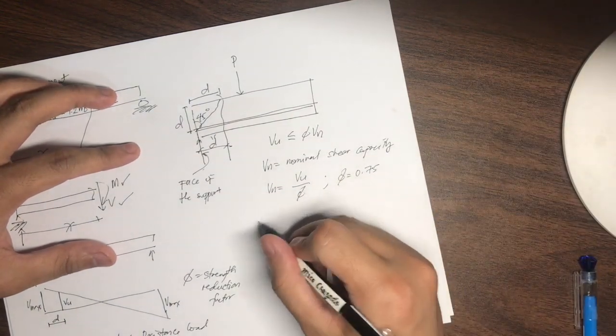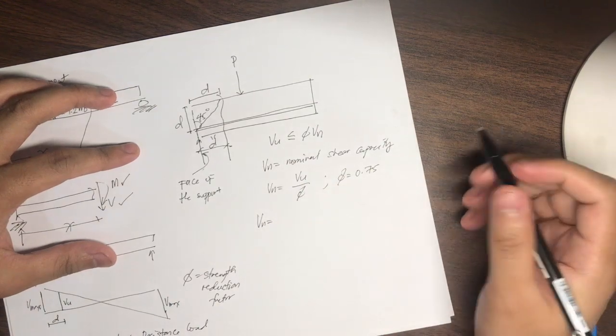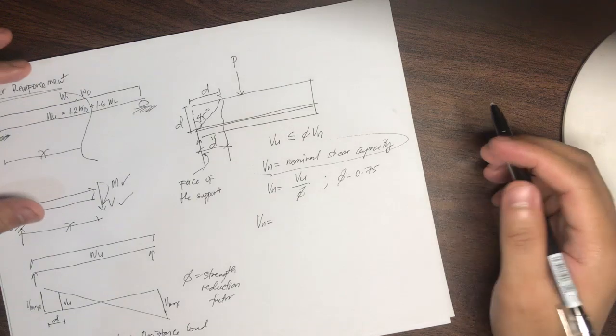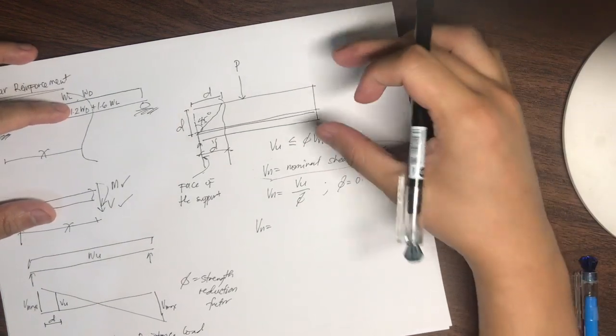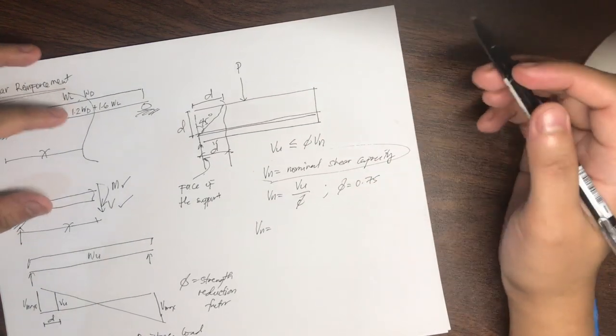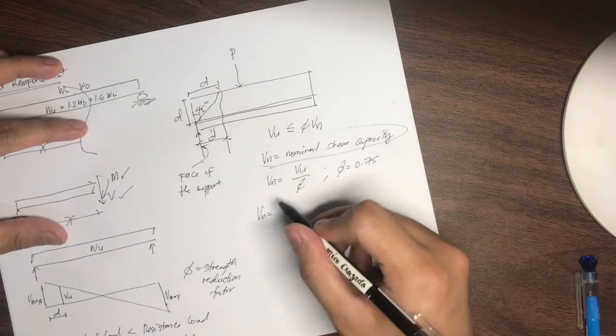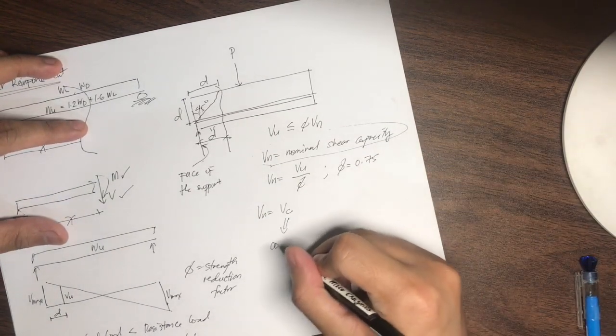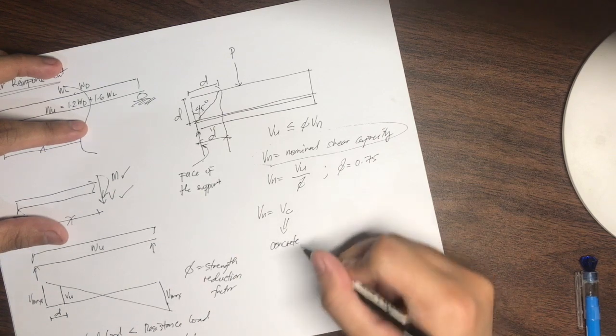Now, sabi natin Vn is the nominal shear capacity. Okay? As we all know, the concrete or yung concrete structure natin can resist shear. So therefore, it has what we call the shear capacity, or the concrete shear capacity.